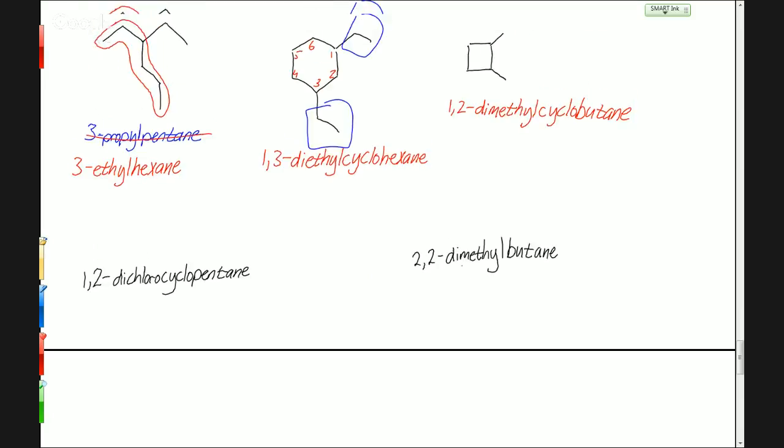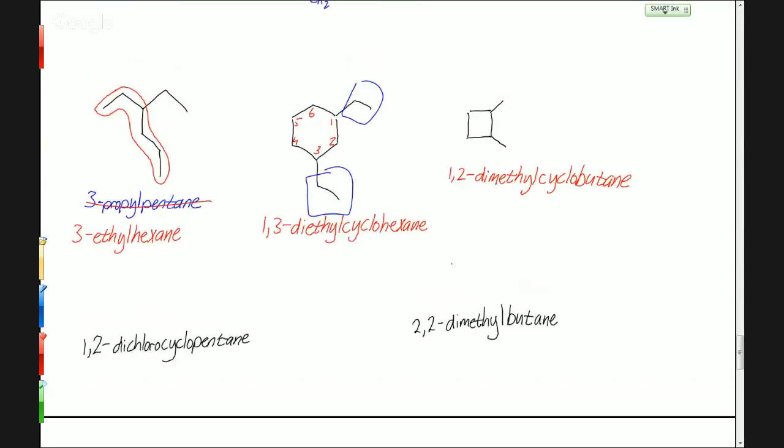All right, and then drawing these next couple structures. Let's take a look at that. So for drawing the structure from the name, usually the best way to go about that is to find the main part of the name, the end of the name, that tells you what the longest chain is. In this case, that's cyclopentane. So we would draw a cyclopentane, which in a line structure is just a pentagon, 5 things around.